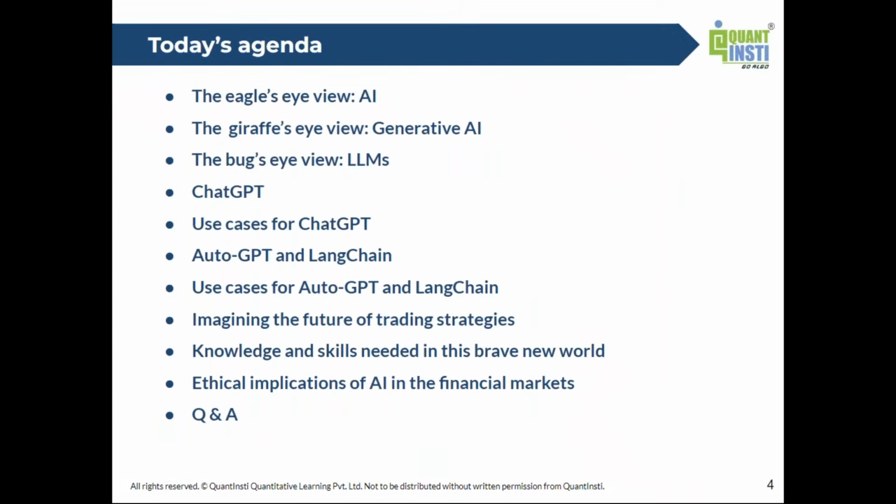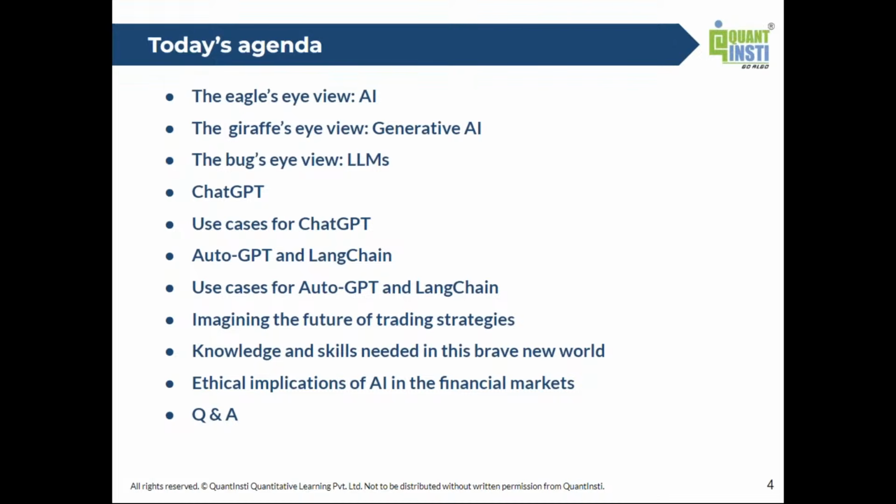All right. So with that little preamble, let me talk about what I want to cover today. We'll first talk a little bit about AI, which is the superset of whatever we are discussing, the eagle's eye view. Then we come down a few thousand feet and look at generative AI, which is closer home.